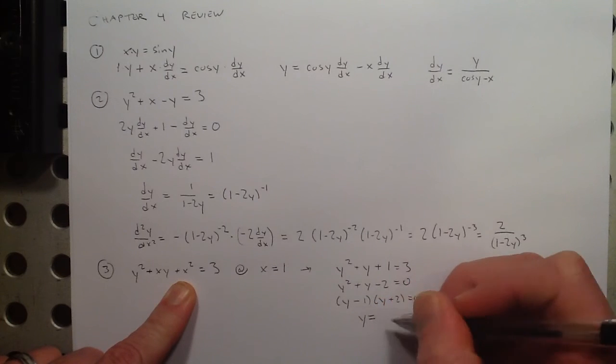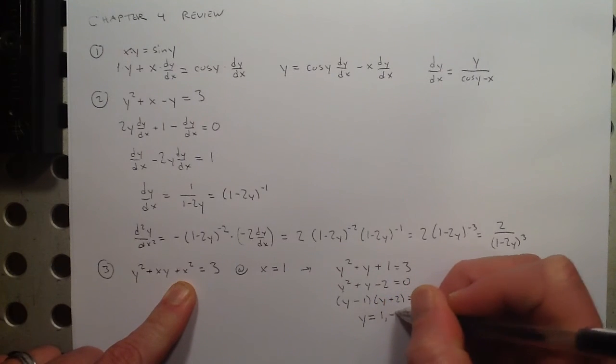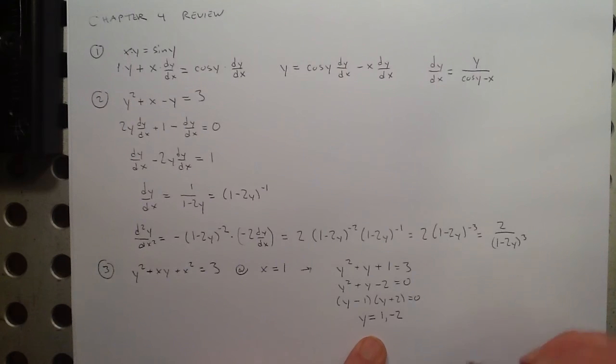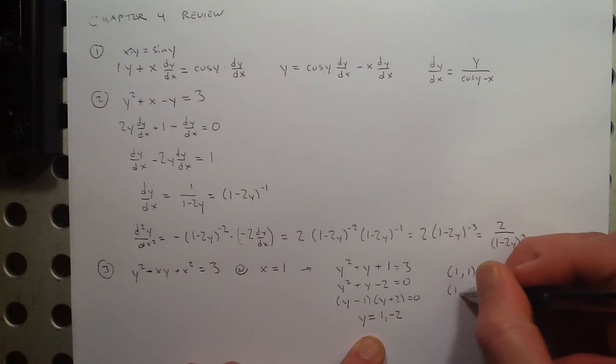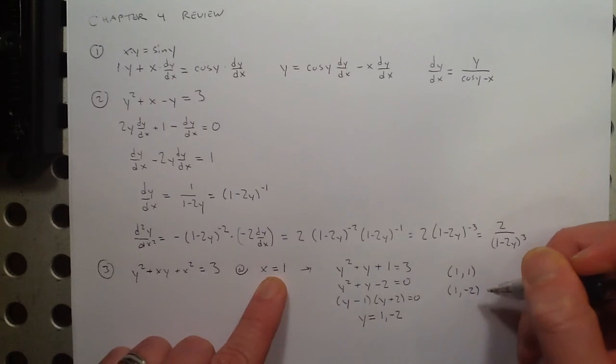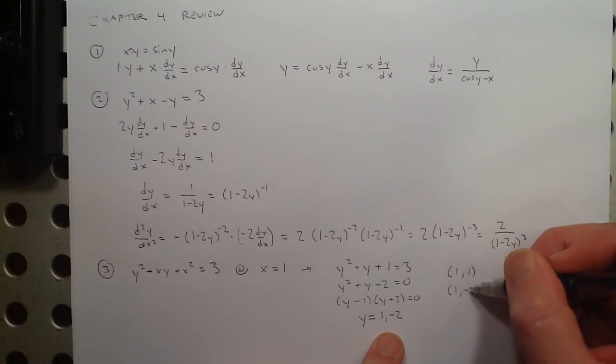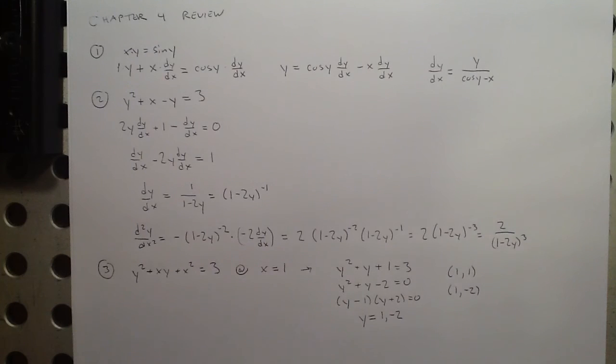So there are in fact 2 points. So my points are 1 comma 1 and 1 comma negative 2, right? The same x value of 1 led to 2 different y values. So these are my 2 points.